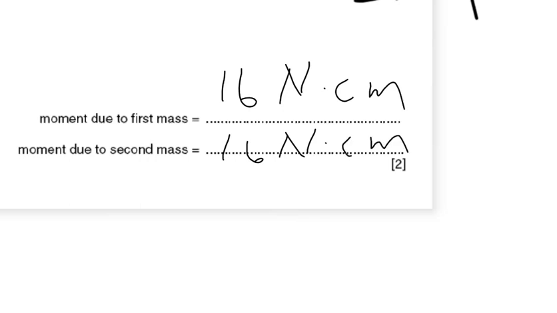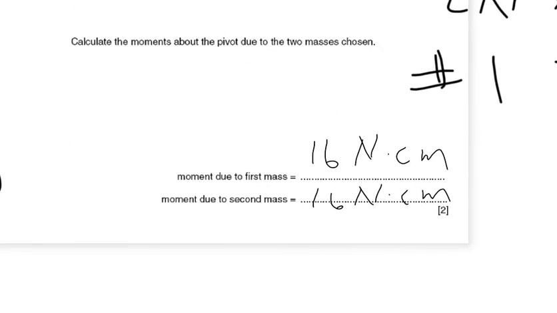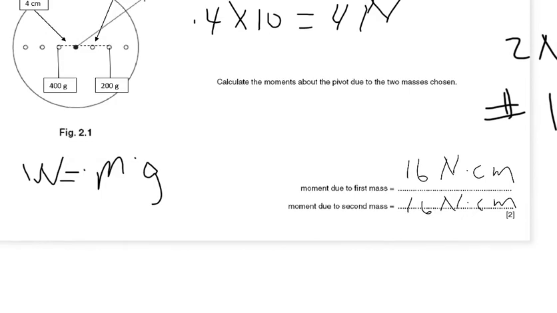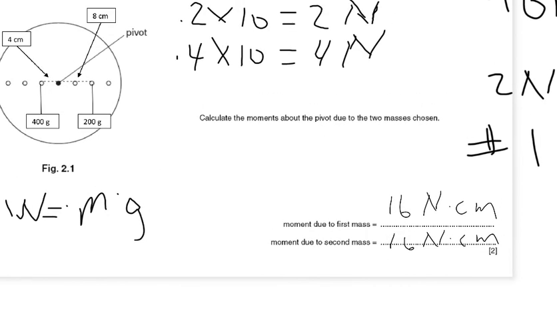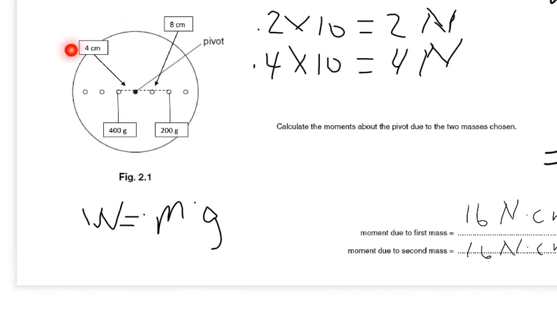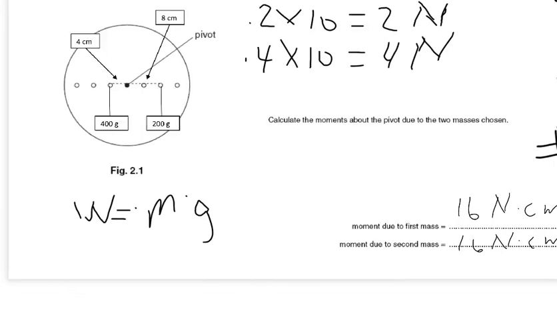No resultant turning effect is acting on that disc because you have a clockwise moment that is caused by the first mass, and the second mass causes an anti-clockwise moment, and they cancel out. They're both the same size, and since they're in opposite directions, they will cancel out, and that means there is no net moment on this disc. The disc is in equilibrium. It is not moving. Sweet!